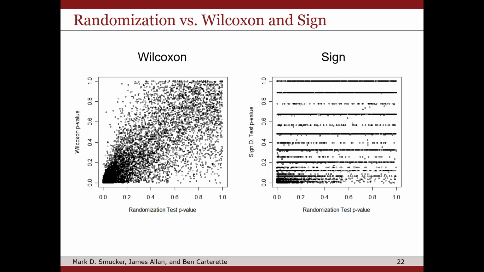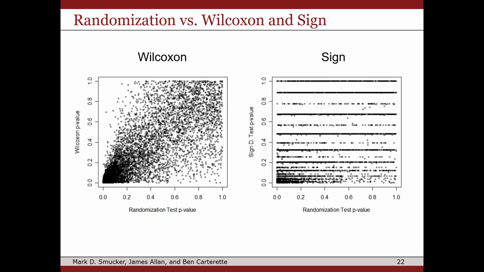What happens when we look at the randomization and the sign test, which have different test statistics than the other statistical tests? Here we compare it to the randomization test, and the plots would look very similar for the student's t-test as well. But with these, there are huge differences in the p-values they produce.